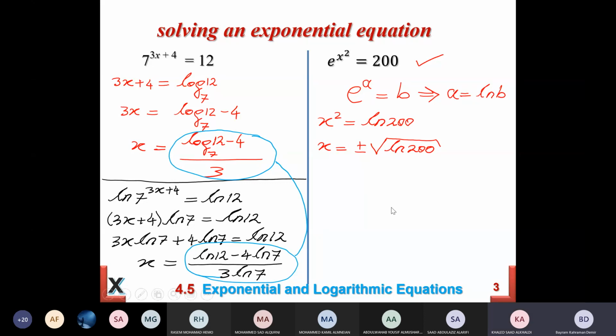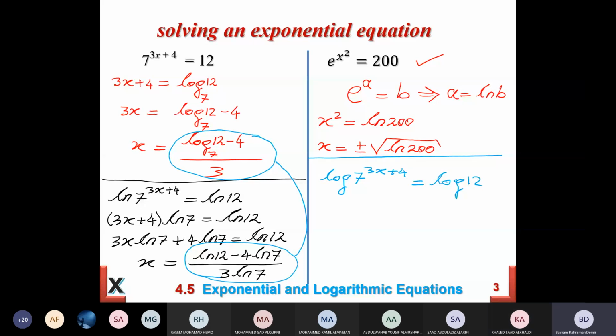Doctor, can we write it as logarithm of 7 to the power 3x plus 4 equals logarithm of 12? Yeah, if you want to use logarithm with base 10. Logarithm of 7 to the 3x plus 4 is equal to logarithm of 12.